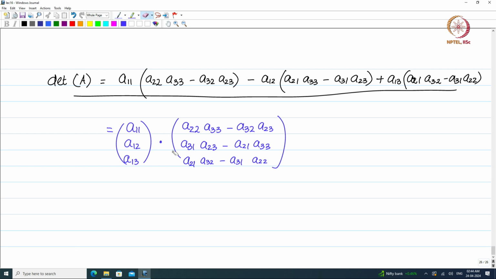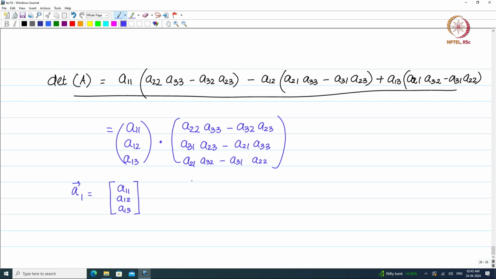If you look at this clearly, you see that this is the dot product of two vectors, where the first vector I am going to call the A1 vector, which is given by (A11, A12, A13). The next one looks like the cross product of two vectors.